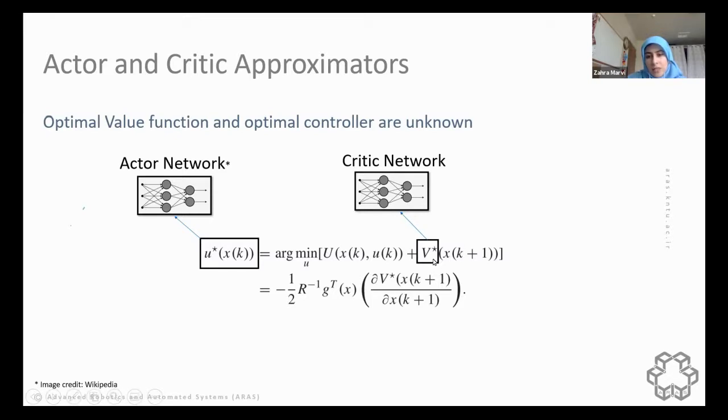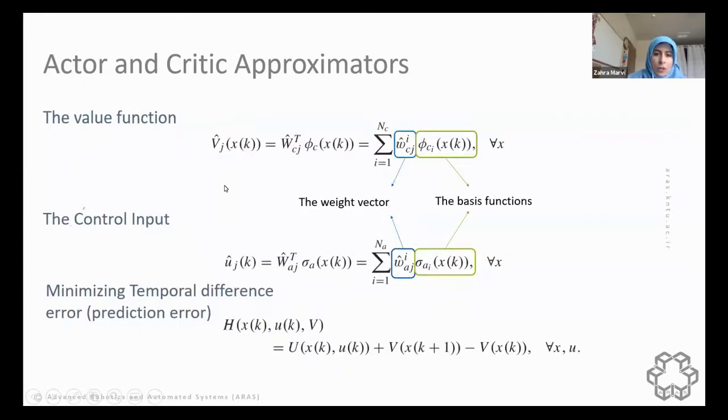And the one that approximates the value function is called the critic network. So here we assign neural networks with some weight vector and basis function to approximate the value function and the optimal controller. And then using this available approximation, we try to minimize this error, which can also be taken as the prediction error, at each step.